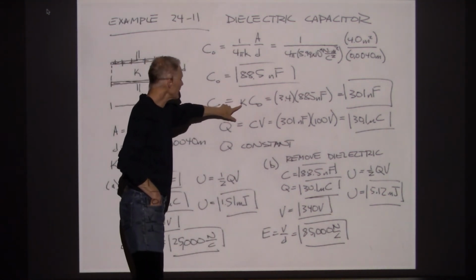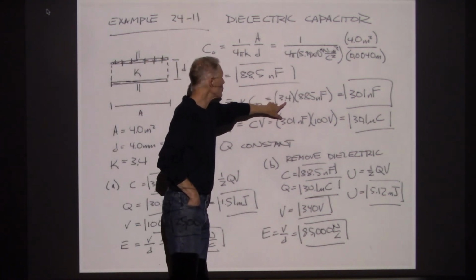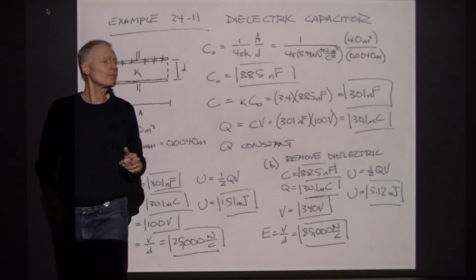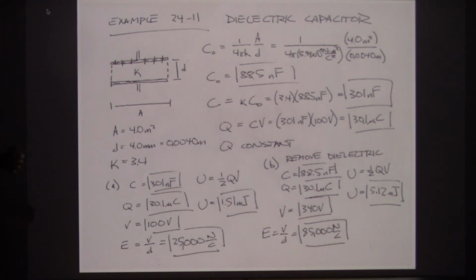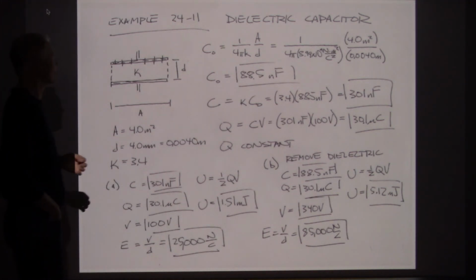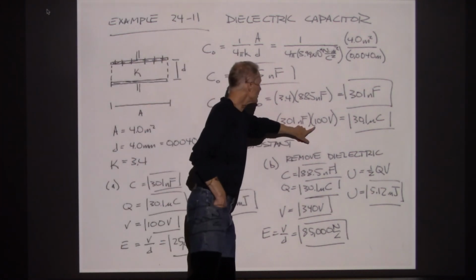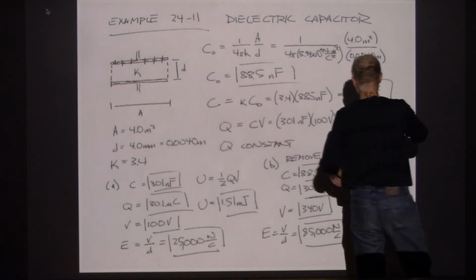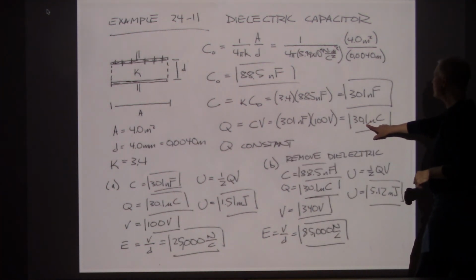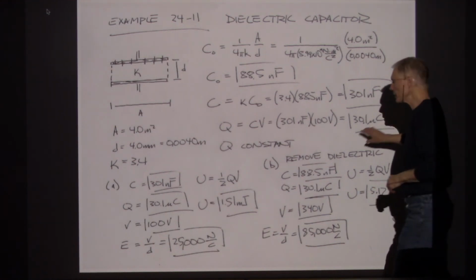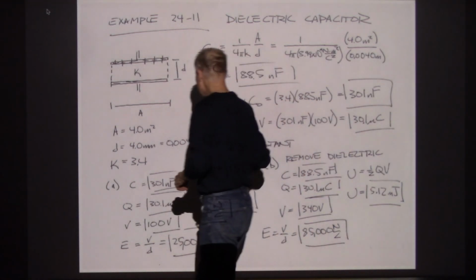Now when I put the dielectric in, it says that I'm going to get a boost of 3.4, and that says I'm up to 301 nanofarads of capacitance. And since I have a voltage of 100 volts, that's going to result in 30.1 microcoulombs of charge. So the charge here is going to be treated as being constant.